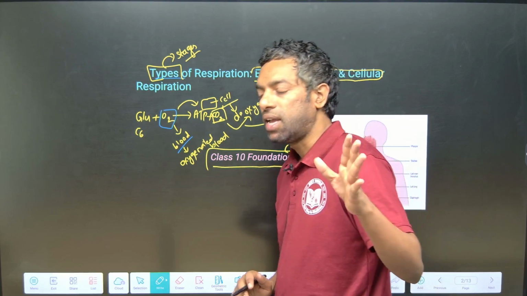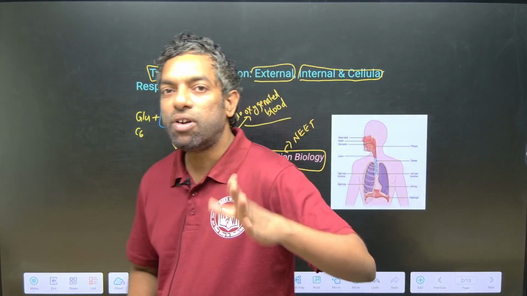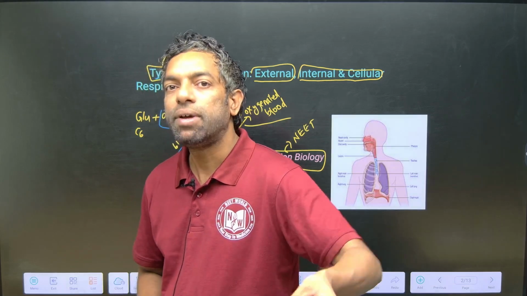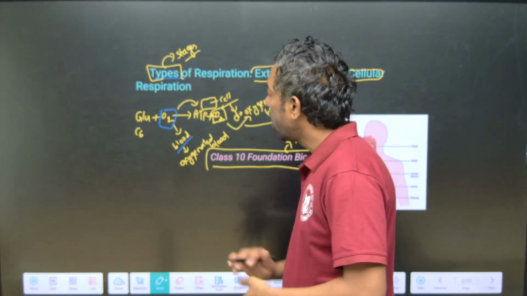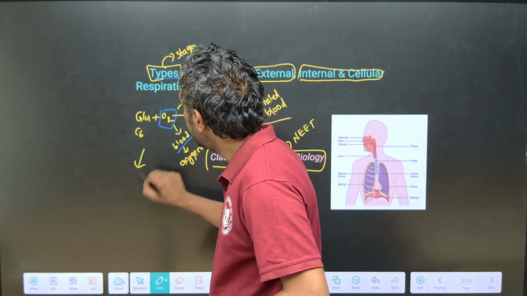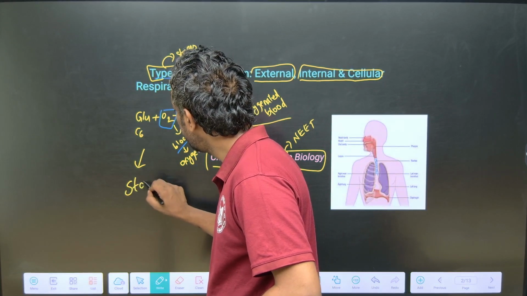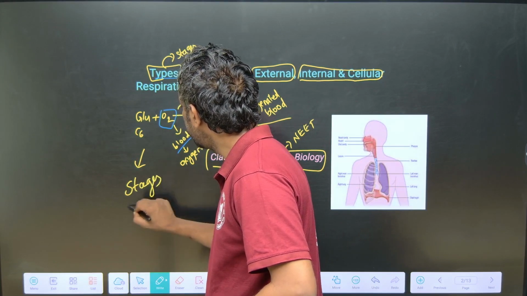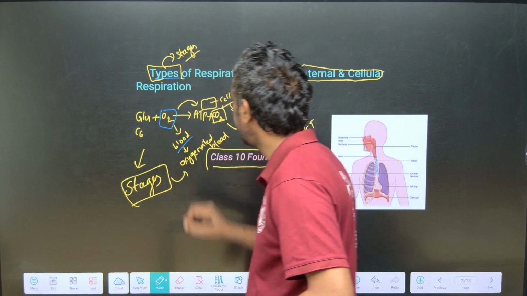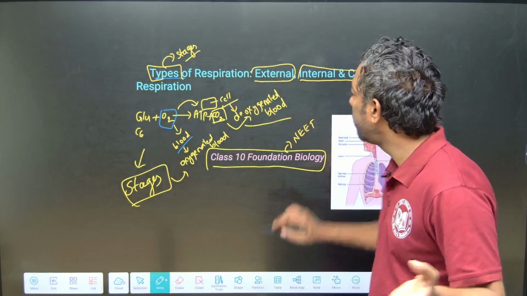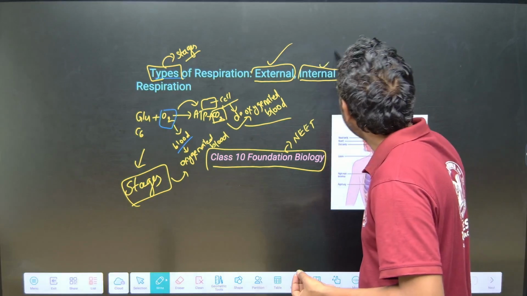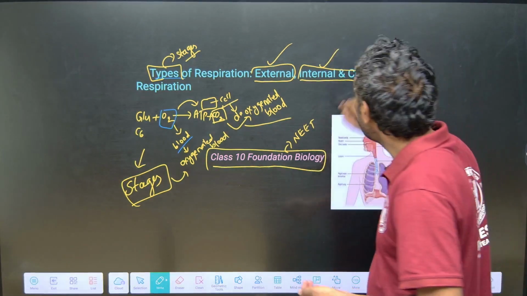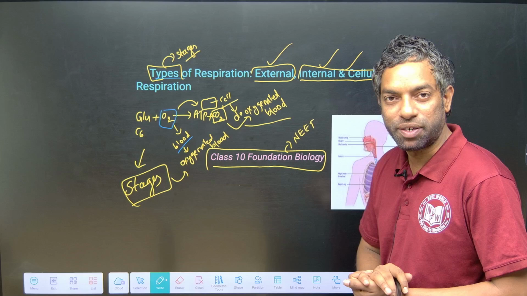This is about respiration. The oxygen is carried forward into the cell, right? There are stages in this process, the types: external respiration, internal respiration and cellular respiration.